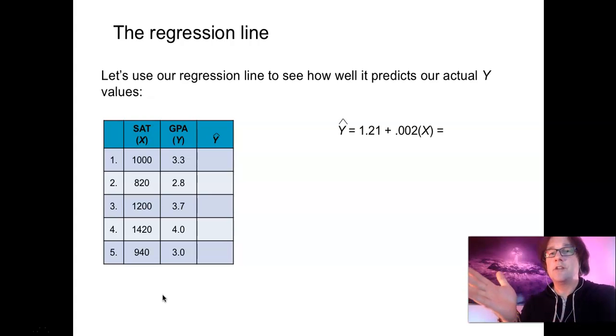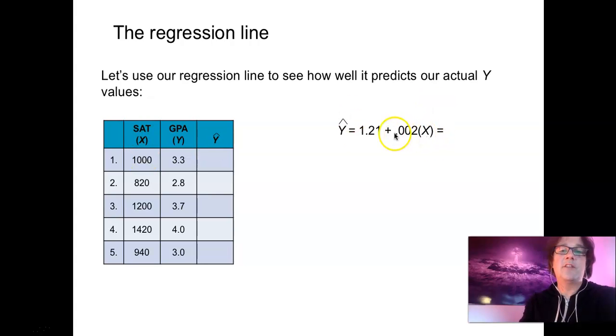So we have our regression line, our regression model, it's often referred to, right there. Again, the predicted Y score is the y-intercept, or A, plus slope, or B, times the individual X value. So we're just going to use this formula and plug in each of our X values.